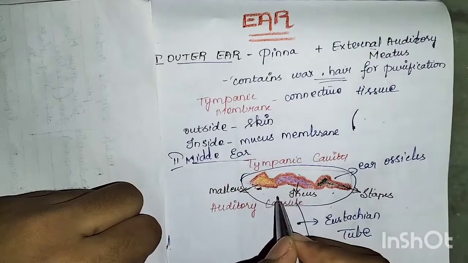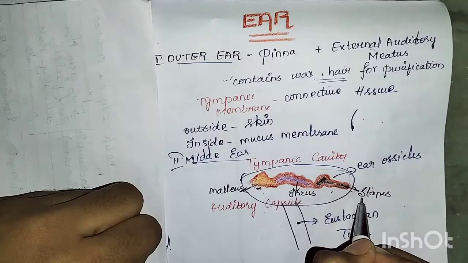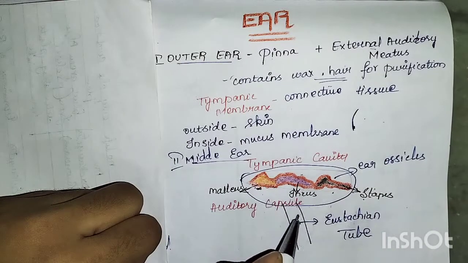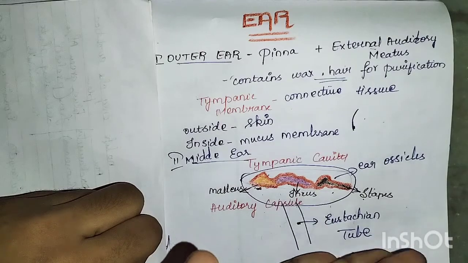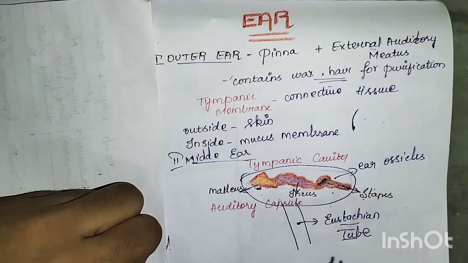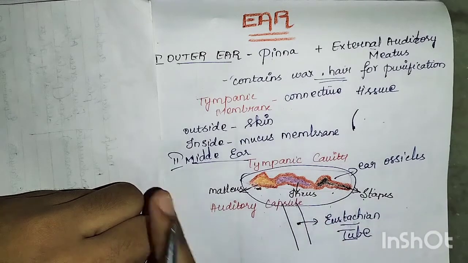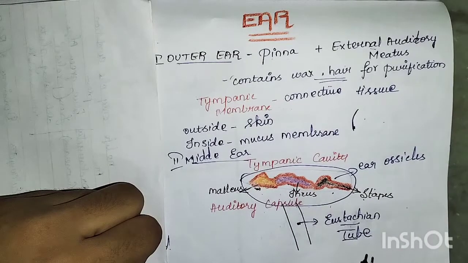This tympanic cavity has three ear ossicles, malleus, incus and stapes, MIS, keep this in mind, and it extends downwards and ends at the starting point of the throat. This extending part is the eustachian tube, which helps in the balance of pressure on both sides of the eardrum, both sides of the ear.